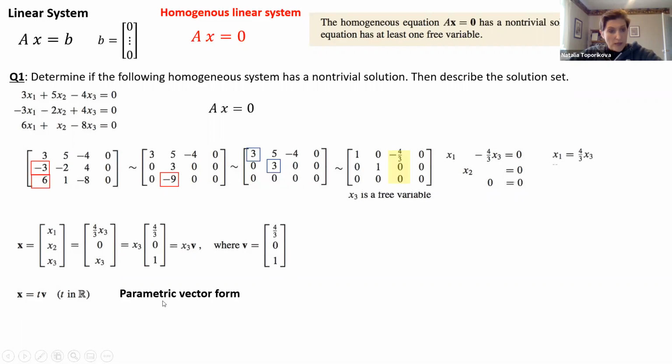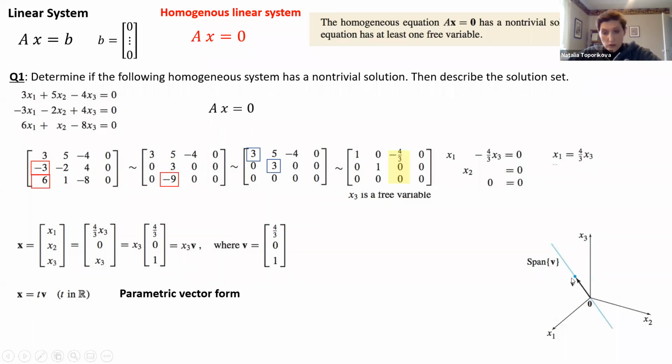And this kind of equation, because we chose the new parameter t, we call a parametric vector equation, because it's the multiplication of the parameter t by the vector v. Geometrically, our parametric form can be nicely represented as a line which goes through the vector v, because we know, as we talked about earlier in chapter 1.3, that the linear combinations of a single vector form a very long line.